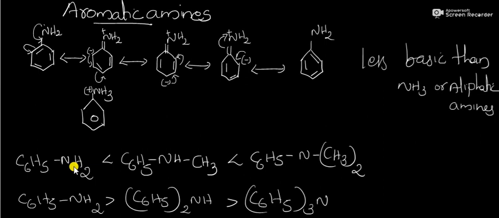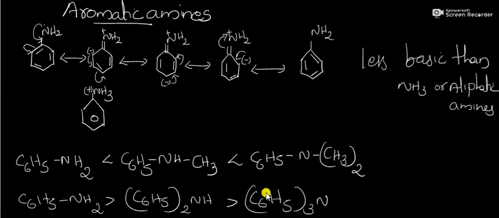Then what is the effect of electron withdrawing substituents on nitrogen? Here there are two C6H5 groups, two phenyl groups, and here there are three phenyl groups. So the electron density on nitrogen will decrease due to the resonance stabilized structure of diphenylamine and triphenylamine.